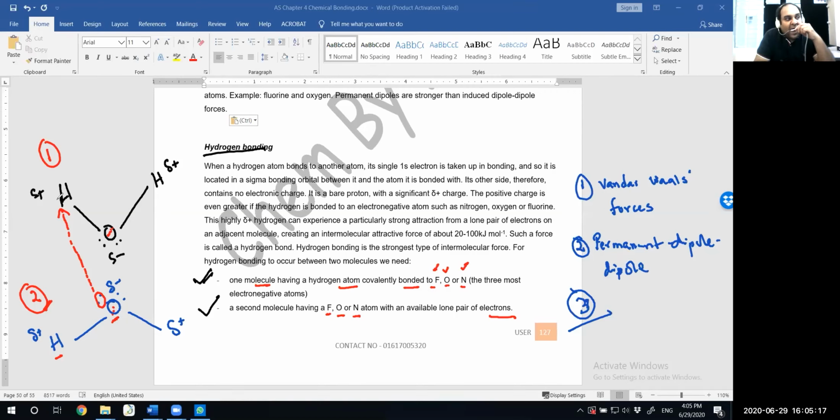So why does this hydrogen bonding occur only when there are very electronegative atoms? Now listen. What is electronegativity? The ability to pull a pair of electrons towards itself.